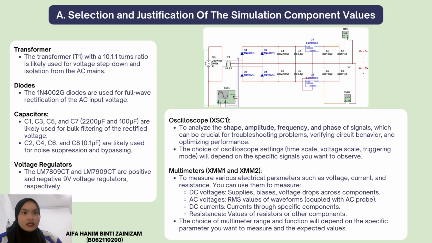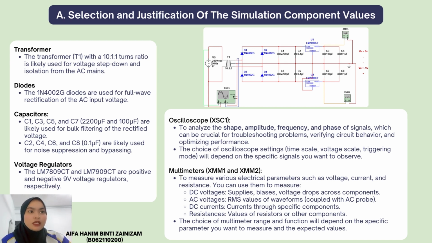rectification of the AC input voltage, we've opted for the 1N4002G diodes. Capacitors, including large ones, which are C1, C2, C5 and C6, for reservoir purpose, and smaller ones, C3, C4, C7, C8, for high frequency noise filtering.